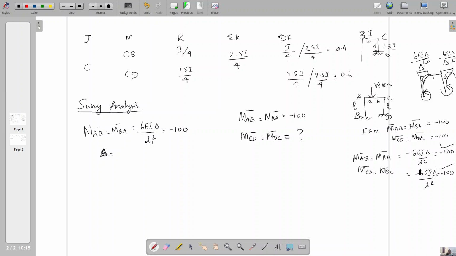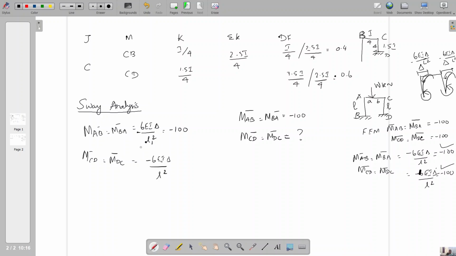Otherwise we can simply relate the values. How can we relate? M̄AB and M̄BA equal to minus 6 EI delta by L1 square equal to minus 100, where M̄CD equal to M̄DC equal to minus 6 EI delta by L2 square.